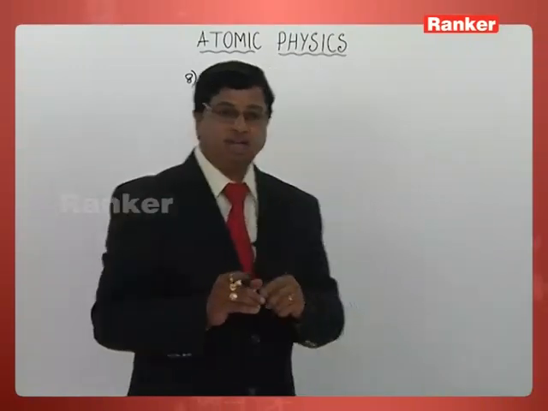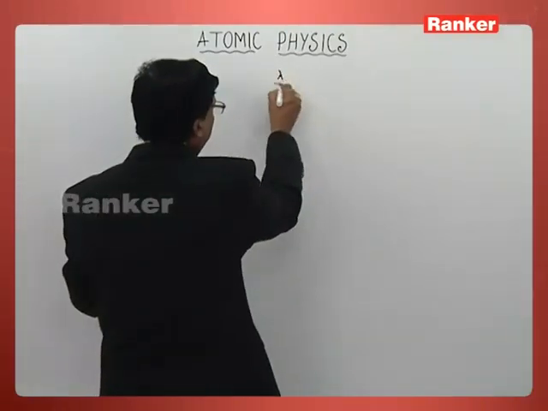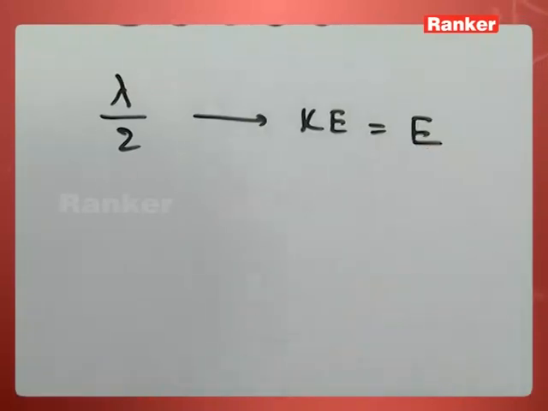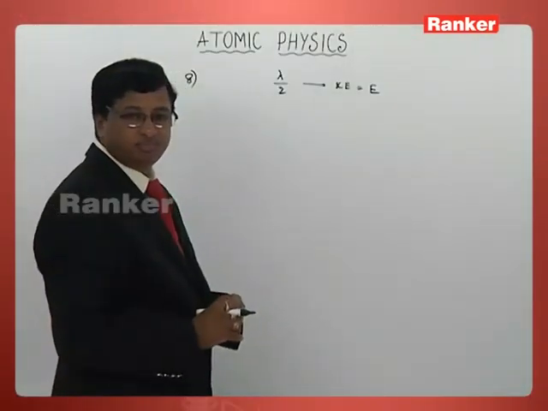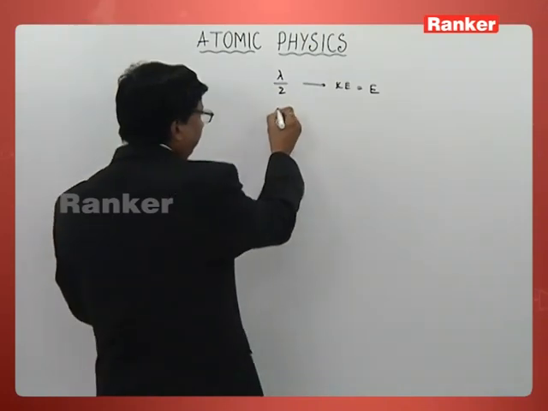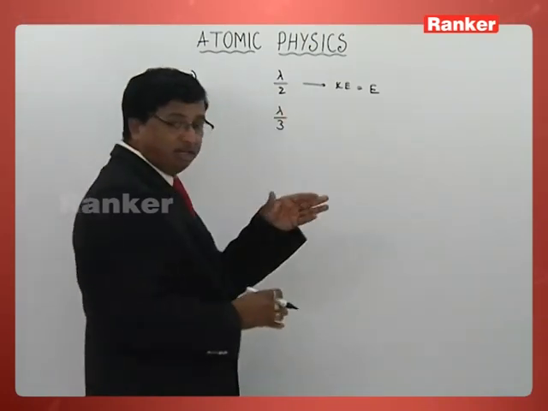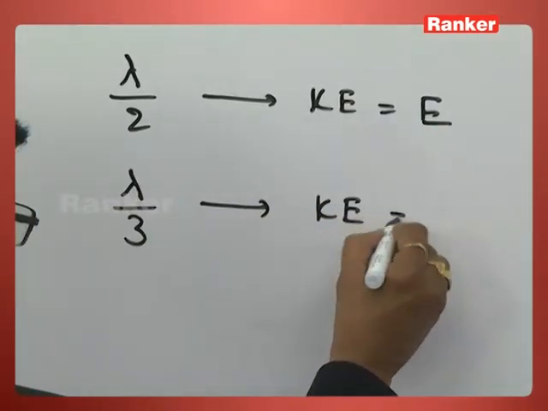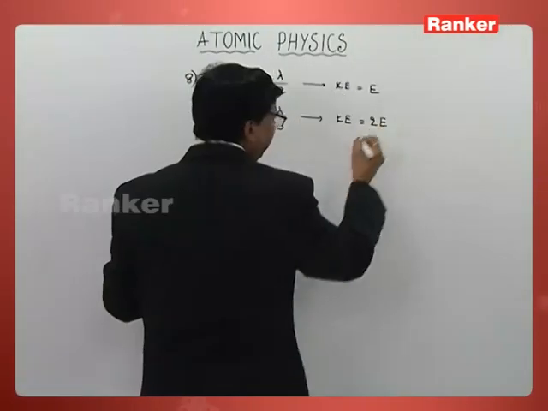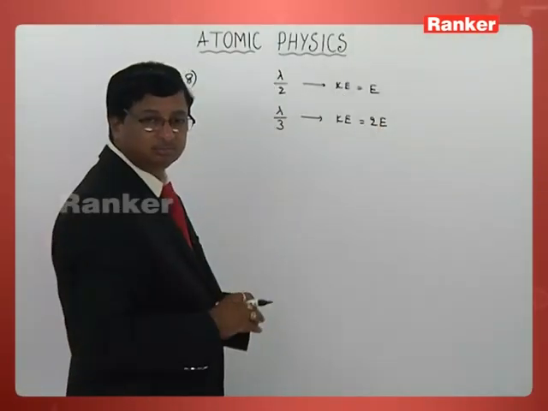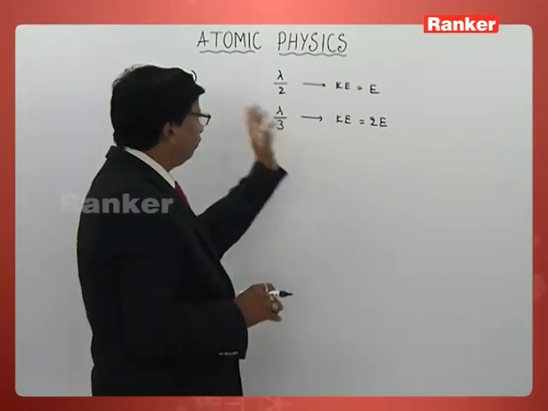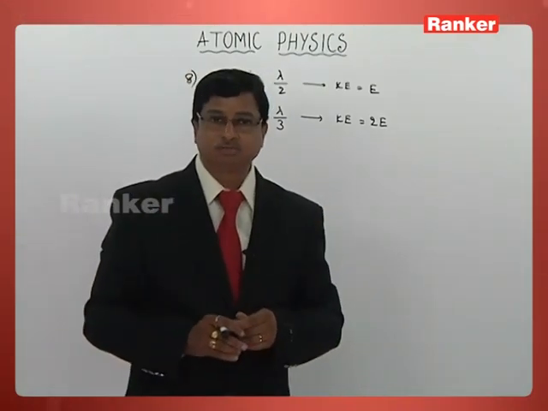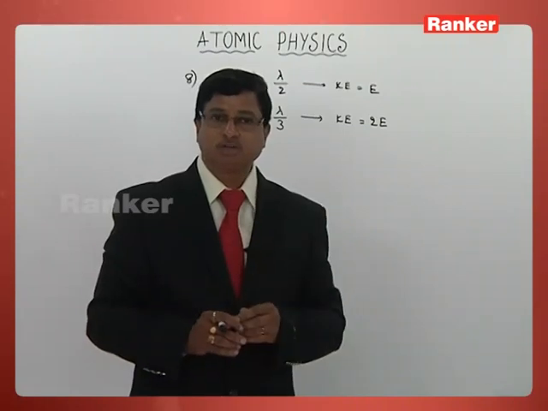When light of wavelength lambda by 2 is incident on the photometal, the kinetic energy of the emitted electron is given as E. And when the wavelength becomes lambda by 3, the kinetic energy of that emitted photoelectron has become 2E. And what is W naught? W naught is nothing other than the work function in this particular case. That's what we have to find.